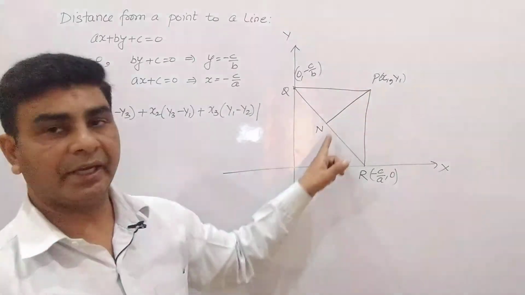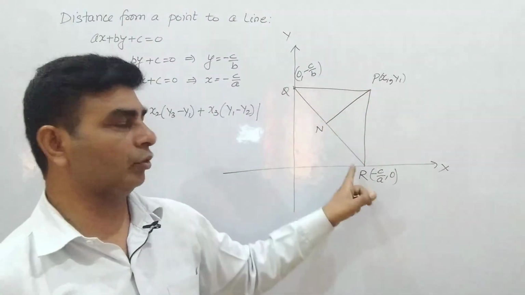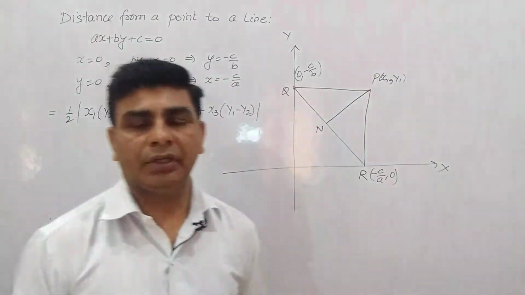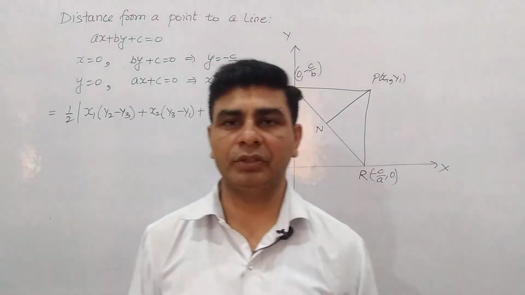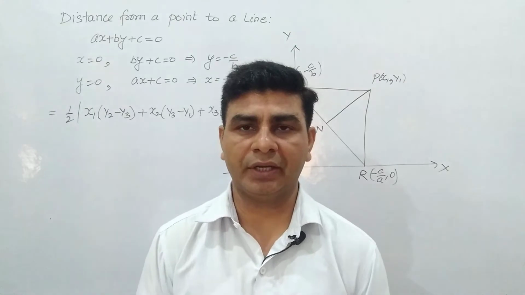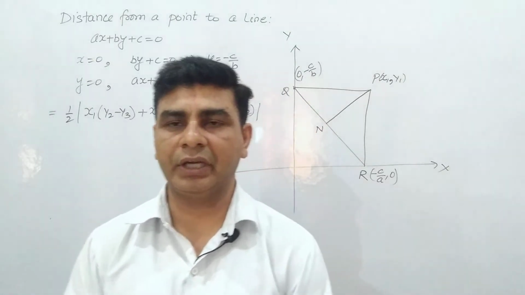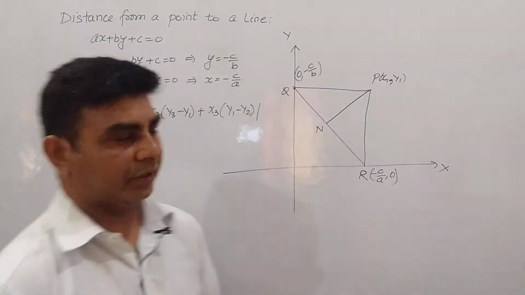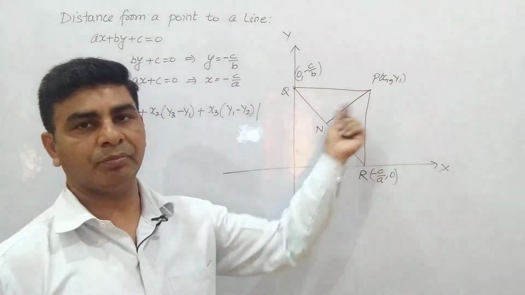And the next formula that can be used is half into base into altitude. From these two methods we will find the area of the triangle and put them equal to each other. In that case we will be able to find the value of PN.